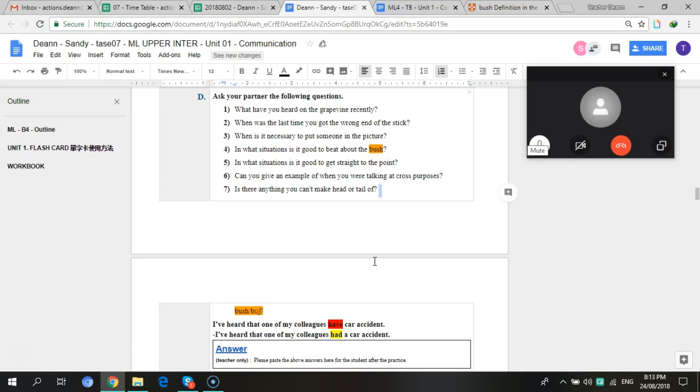I think when I'm using the Line app, I often talk at cross purposes because there are too many messages sent back to me, and I don't know which one is for which question.